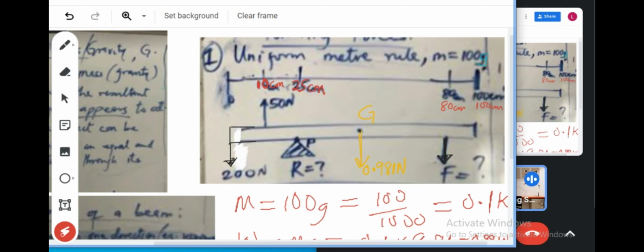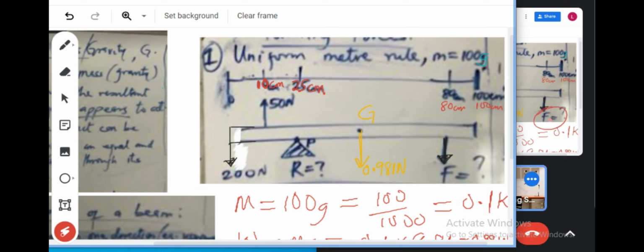Okay, let's run through all of that. What about the 50 Newton force? Will it be clockwise or anti-clockwise? Clockwise, in the direction of the clock.